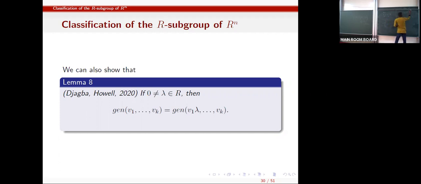Therefore, we can see that V1 can always be represented like this. In the same way for the other inclusion, if V1 is equal to V1 lambda, it can be written as V1 multiplied by alpha 1. That's how we see the second inclusion.